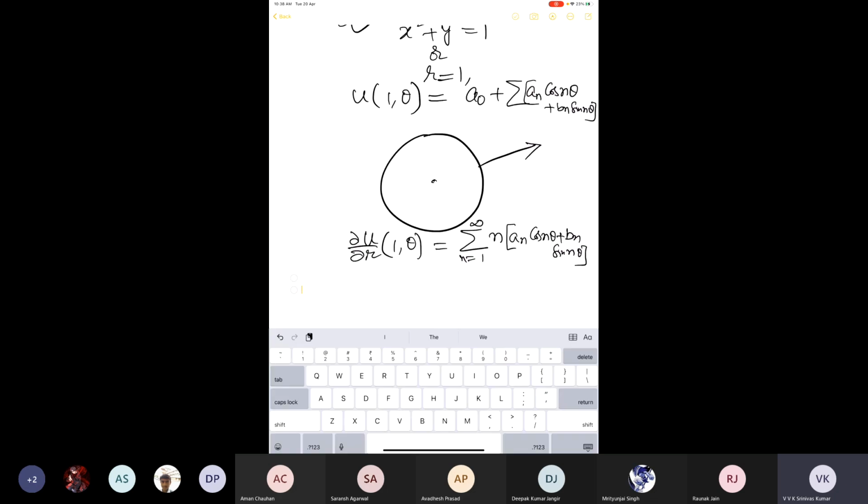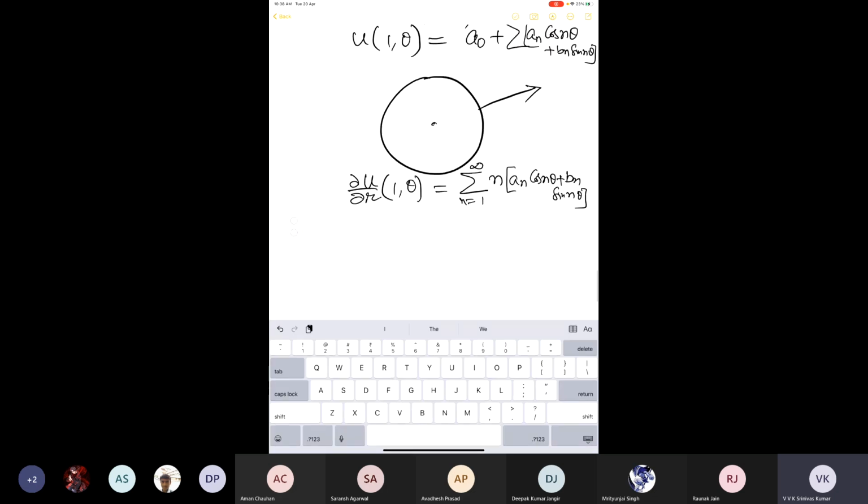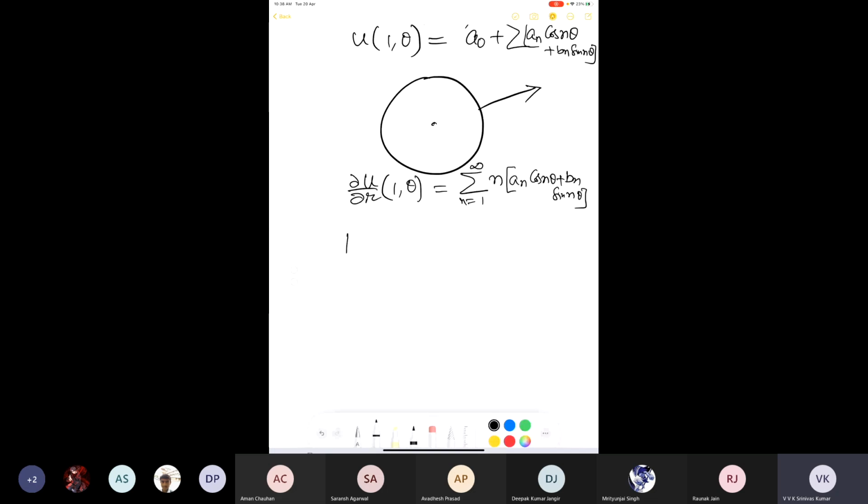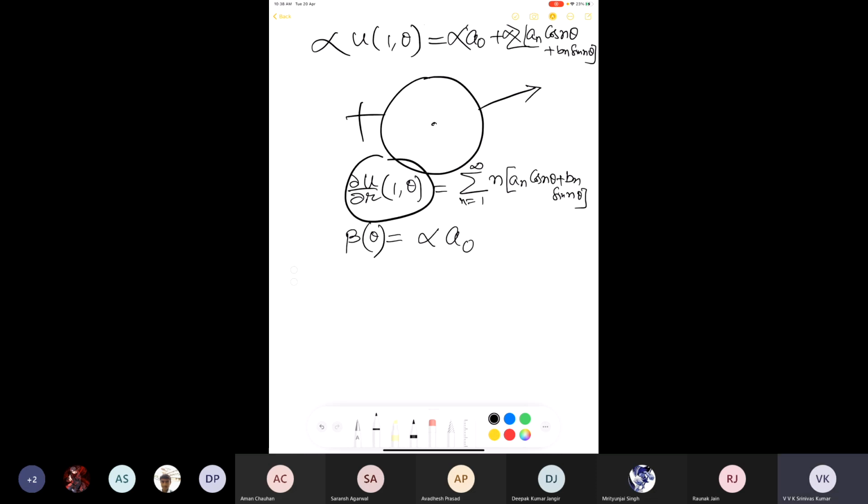And now club both the things. So beta is equal to, since r is not there, beta will depend on theta. Alpha times a naught plus alpha times this one plus this one.